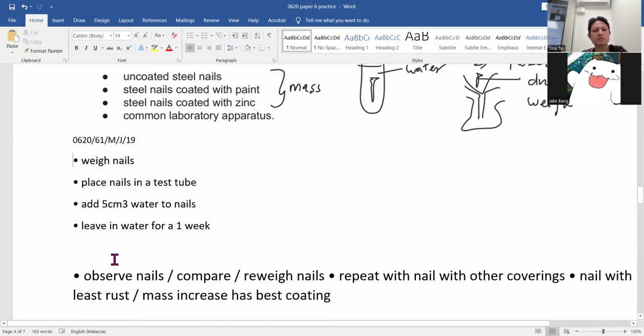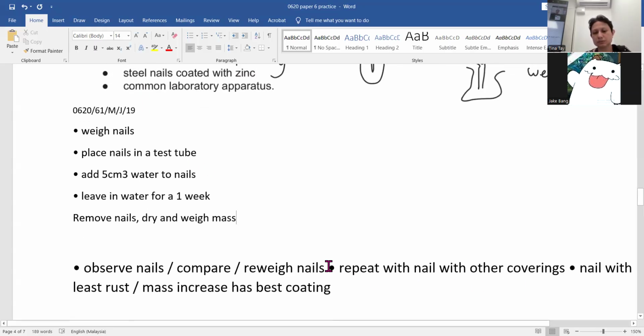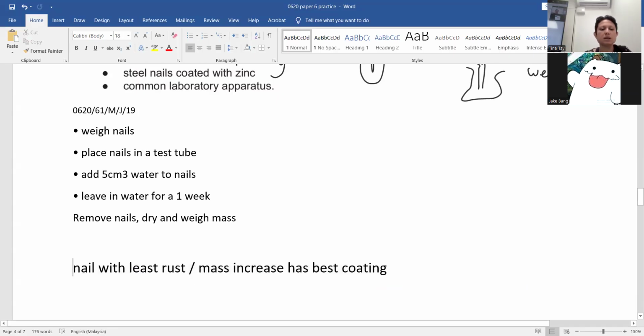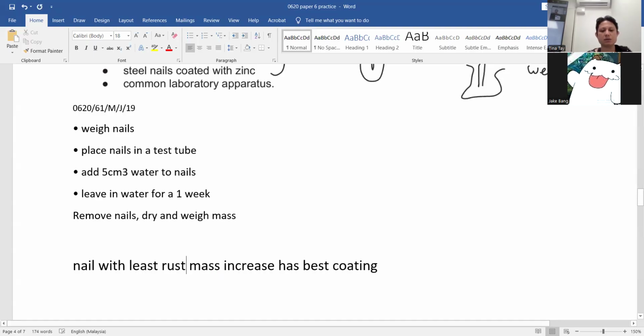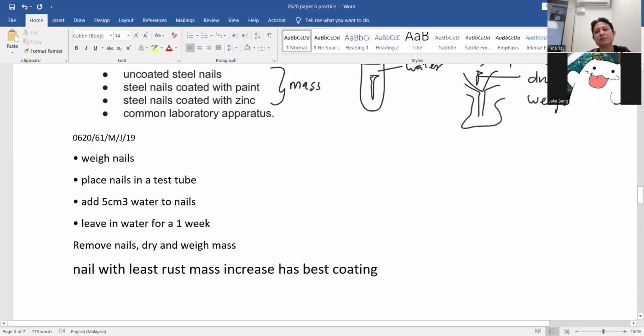After this, you will remove the nails, dry, and weigh the mass. The nail with the least mass increase has the best coating. Do you understand? It is a very simple experiment. You just have to remember which one to write.